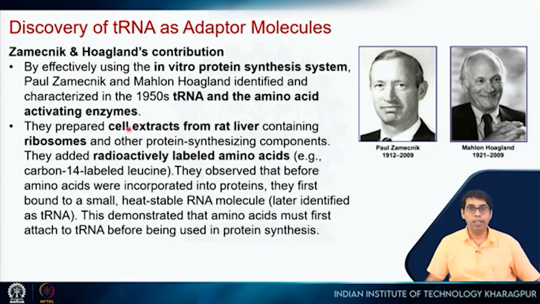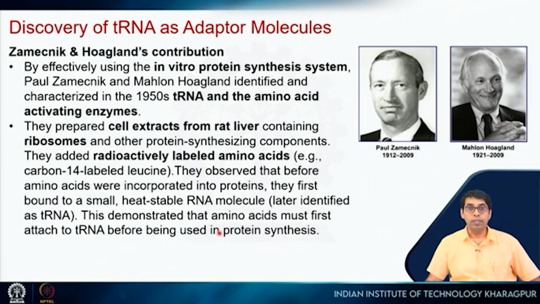They prepared cell extracts from rat liver containing ribosomes and other protein synthesizing components. They added radioactively labeled amino acids, for example carbon-14 leucine. Then they observed that before the amino acids were incorporated into proteins, they first bound to a small heat stable RNA molecule, which was the tRNA.